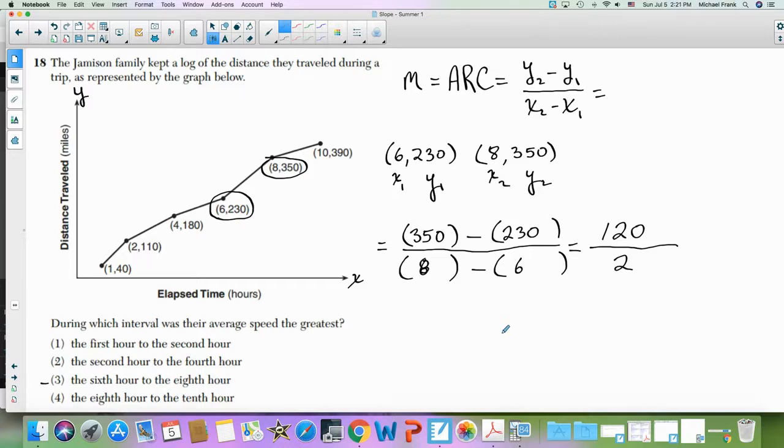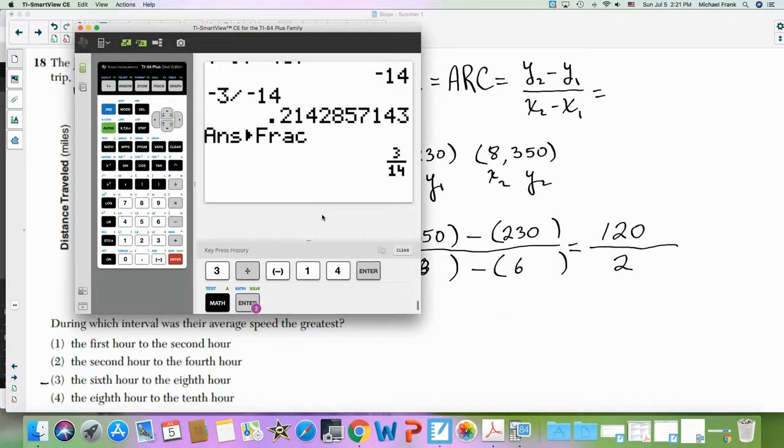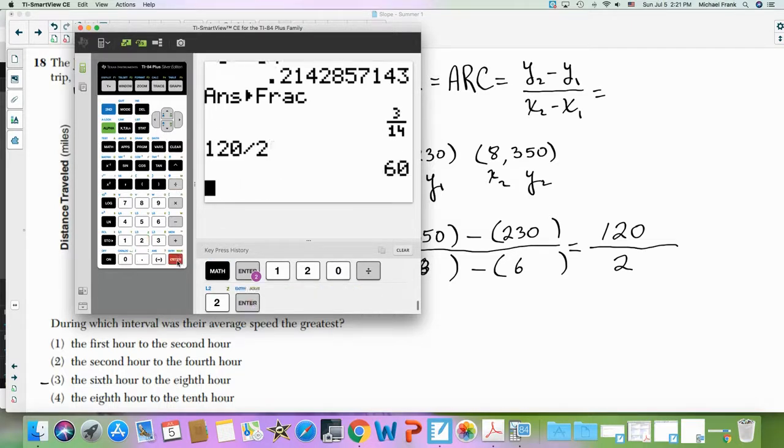Well, when we're doing the average rate of change, one thing that we like to do a little differently when we're writing the equation is keep the decimal. Let's write it in decimal form. So I'm just going to go to my calculator and put the fraction 120 divided by 2. And I'm going to keep whatever decimal there happens to be. And we can see it's just equal to 60. Easy enough.